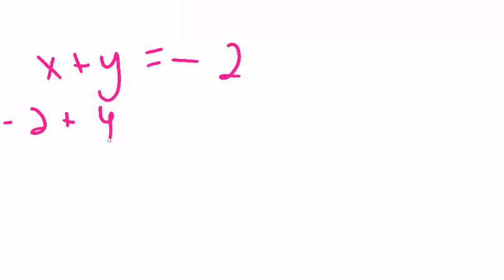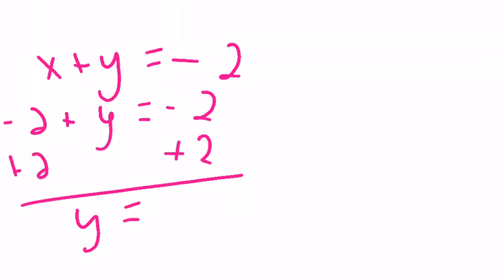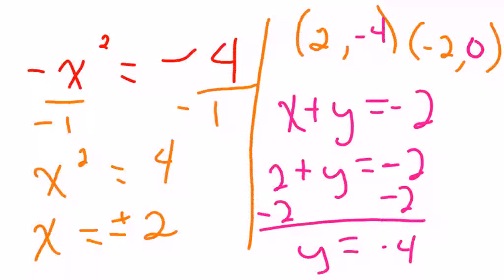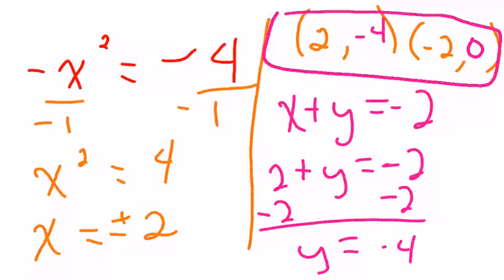So here we have x plus y equals negative 2, and we plug in a negative 2 there. And so we want to add 2 to both sides, and we get y equals 0. So this solution is negative 2, 0. So these are the 2 answers I'm looking for.